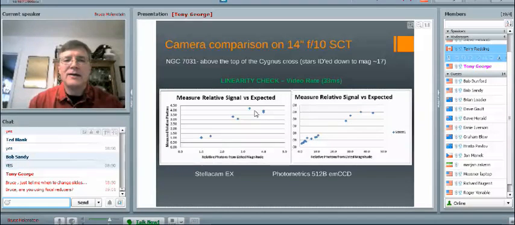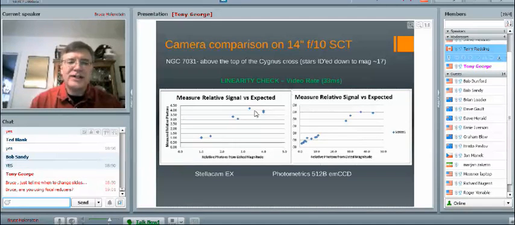But what Steve did at his observatory using one of our Photometrics Cascade 512Bs is observe the cluster NGC 7031, where the stars were ID'd down to around the 17th magnitude. The first check was really just linearity.